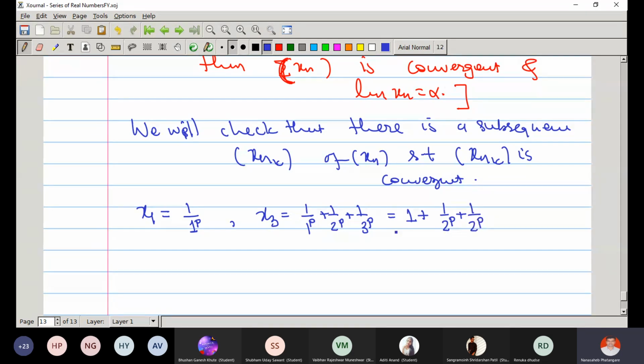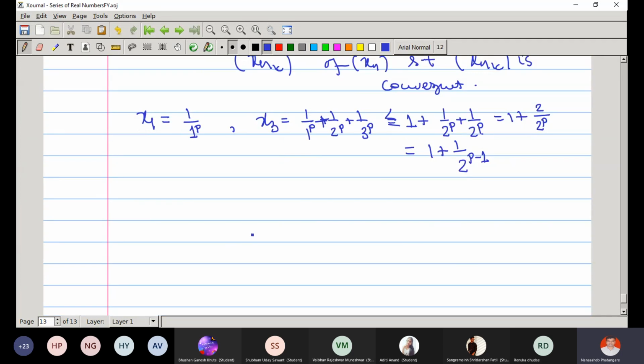So which amount is larger now? Is the latter amount larger? Yes, sir. Because I am replacing 1 upon 3 to the power p by 1 upon 2 to the power p, which is a larger quantity, right? And therefore this amount is larger. But this is 1 plus 2 times 1 upon 2 to the power p, which is ultimately 1 plus 1 upon 2 to the power p minus 1. Fine. This is x3.